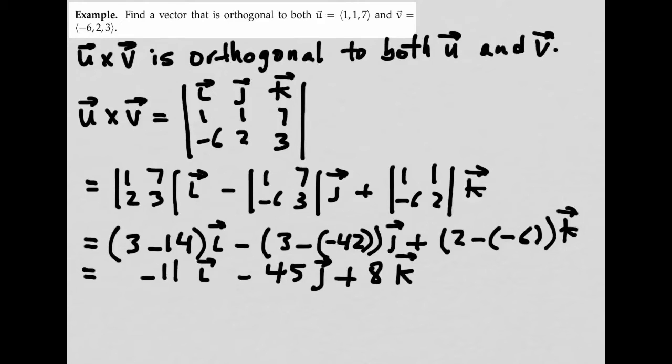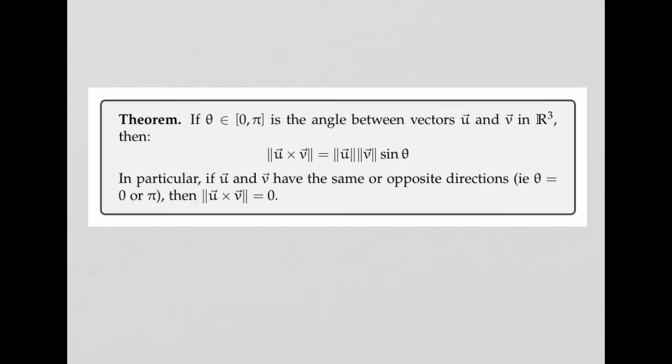So the vector minus 11i minus 45j plus 8k is orthogonal to both vectors u and v. So far, we know that the cross product of u and v is orthogonal to both u and v.